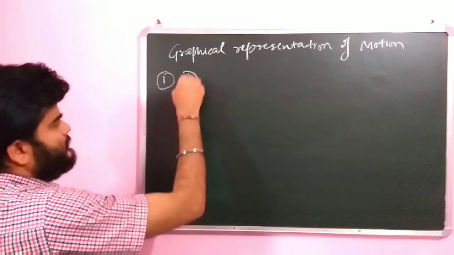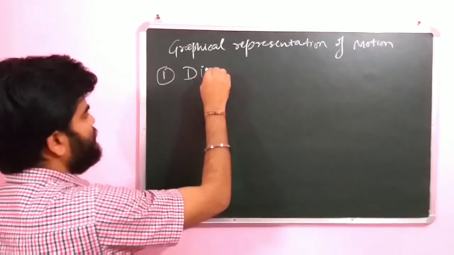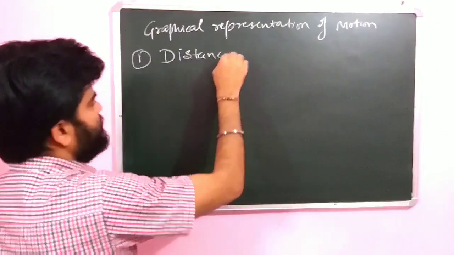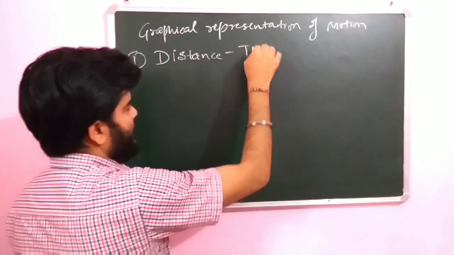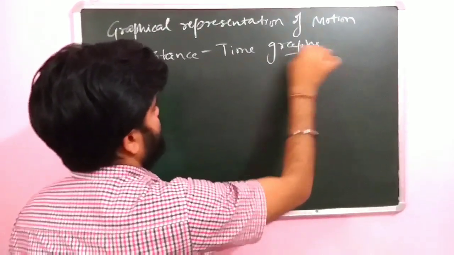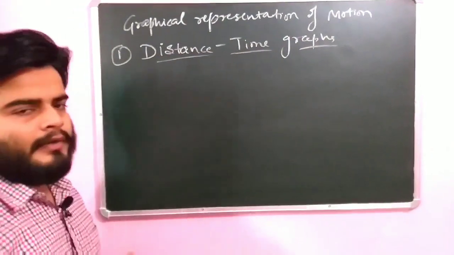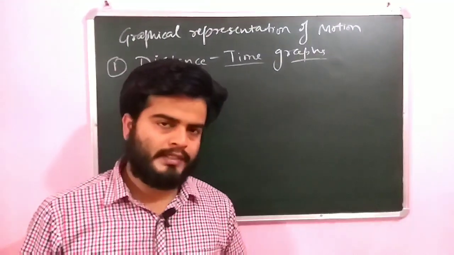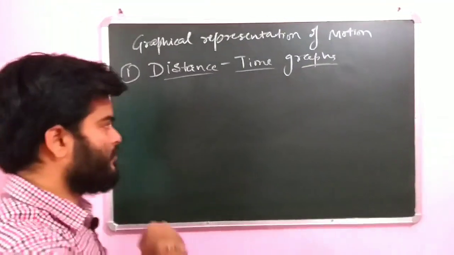We are going to draw distance time graphs. Now distance time graphs we will draw for two cases. First is uniform speed.